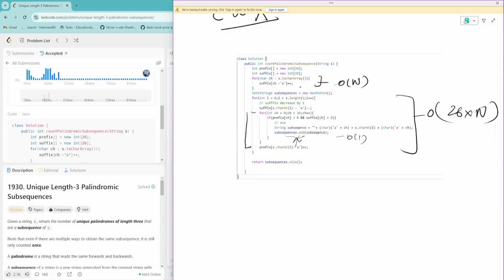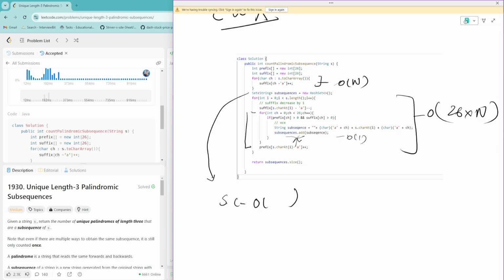And now the space complexity. In the worst case, it would be order of 2 raised to n if the size of... no, it won't be that much, because we are just requiring the three-length subsequences.